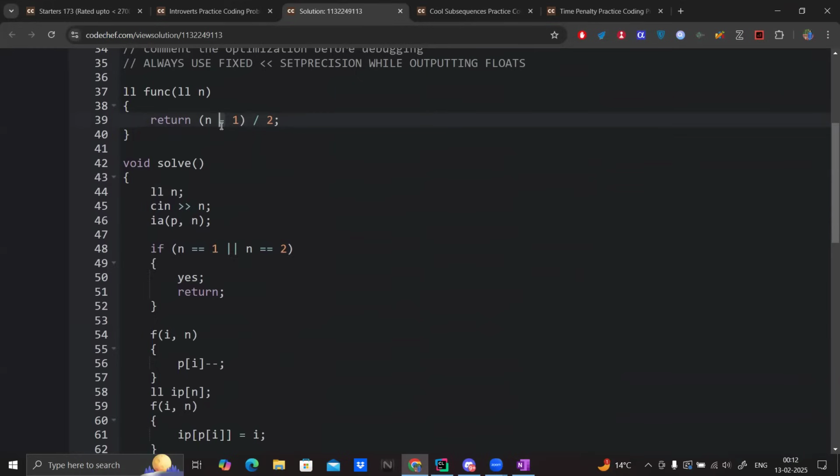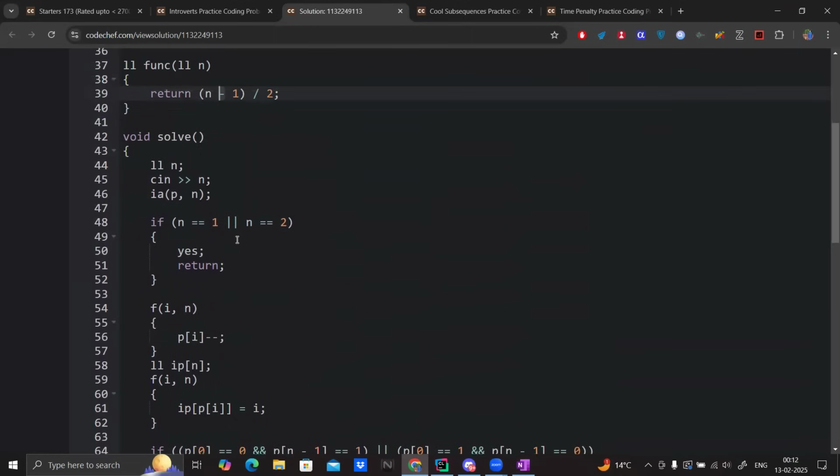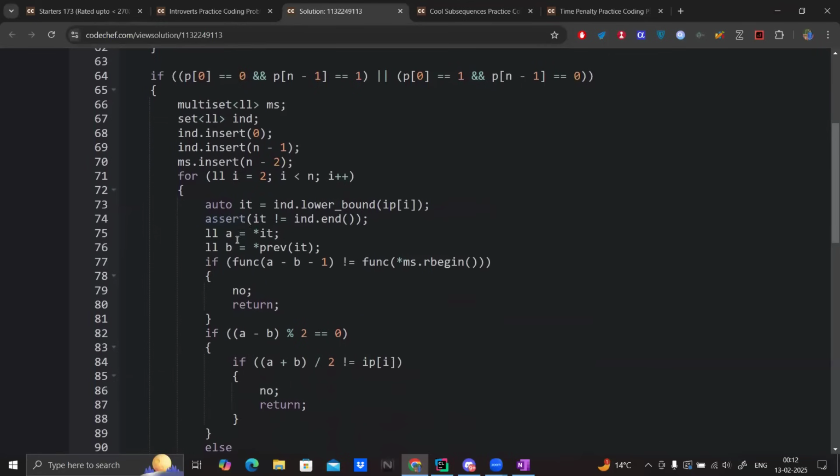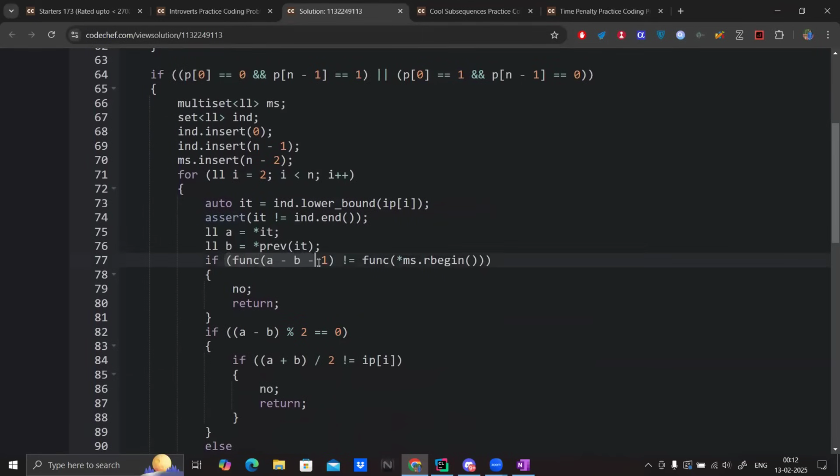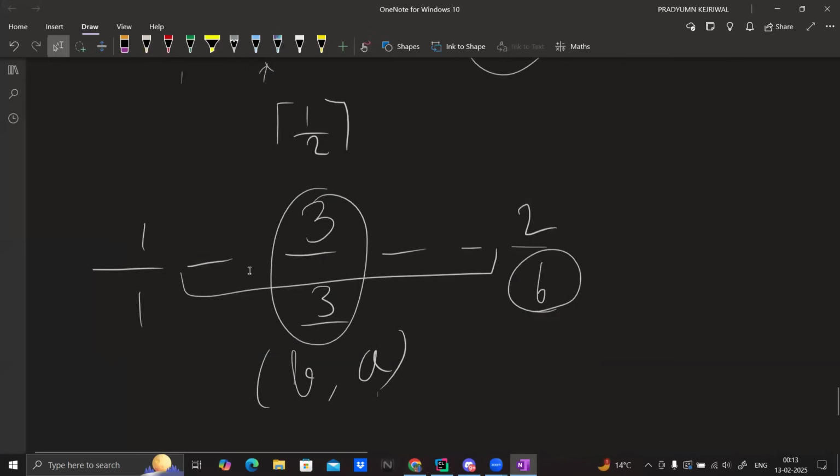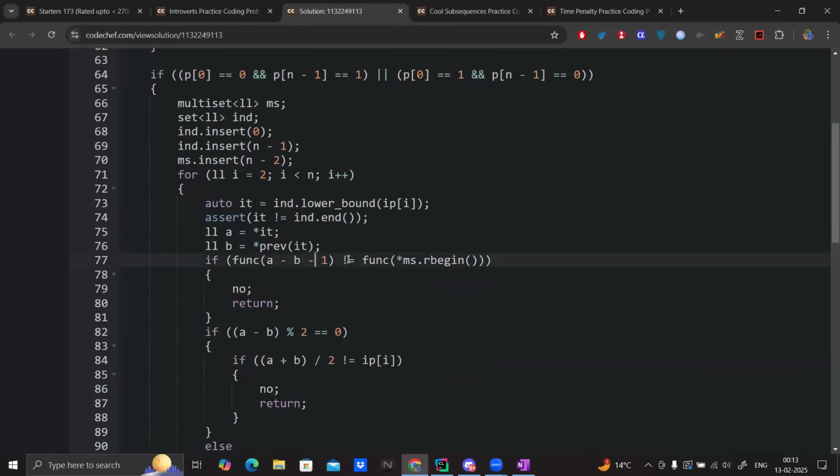So this one also works, but it should be (n+1)/2. So if func(a - b - 1), that is the current distance, is not equal to func(*ms.rbegin()), that is the maximum gap that we could have achieved, if it is less than that, then just print no. Basically he selected the wrong segment to sit on.